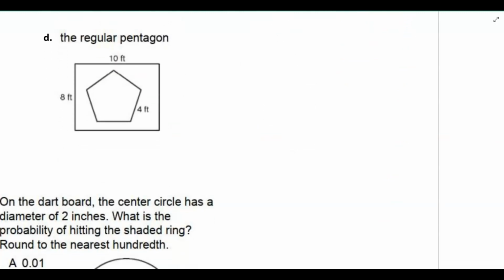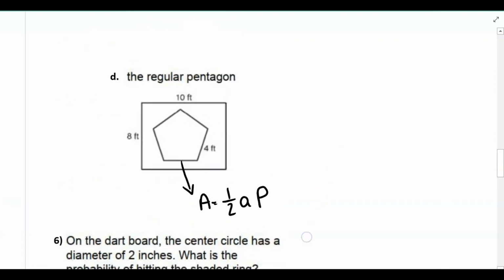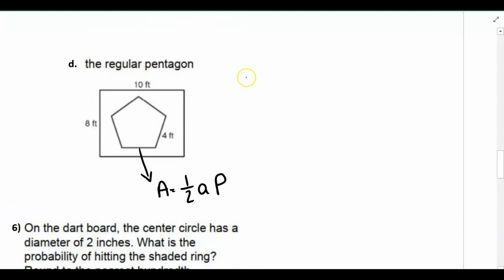Question D, the regular pentagon. We have our regular polygon again. We have to use that area equals 1/2 times the apothem times the perimeter. I know how much we all hate that formula, but the process doesn't change.